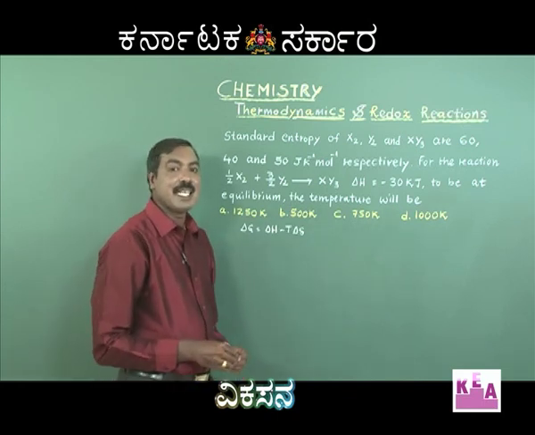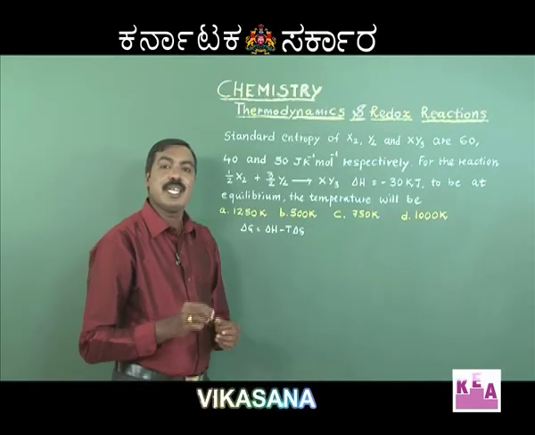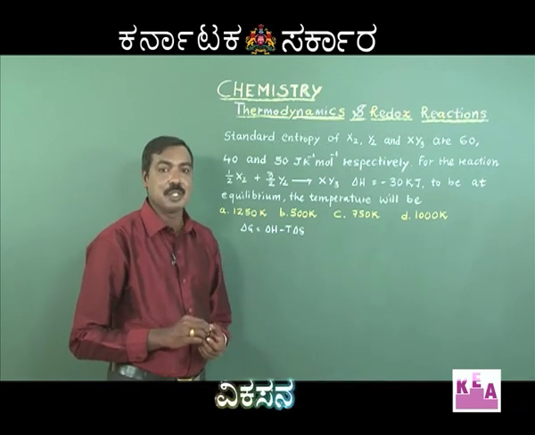I am asked to calculate the temperature in this, and it is given in the data that to be at equilibrium, for a spontaneous reaction to be at equilibrium, delta G is equal to 0.